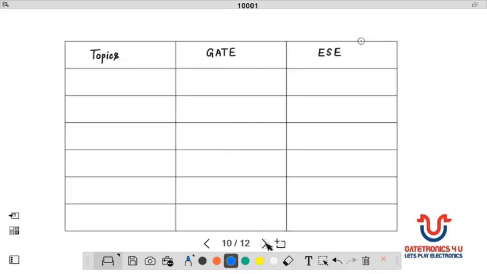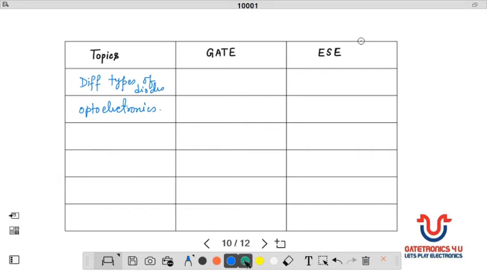Another thing is that different types of diodes is another topic. Second one is the optoelectronics topic.